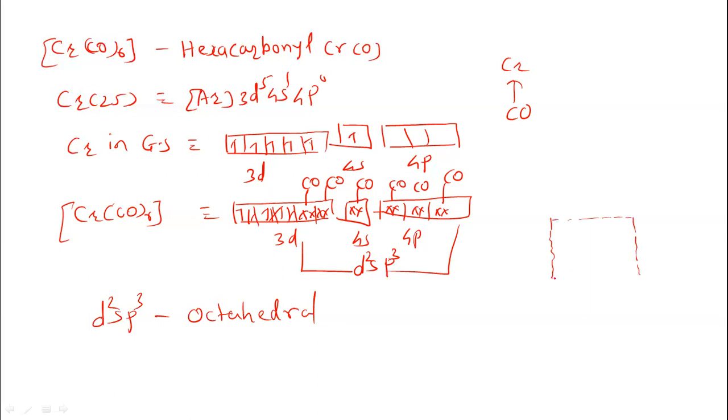This coordination compound has a structure like this: central metal chromium here, 4 carbonyl groups at the corner of the square, and 2 carbonyl groups at the trans position like this. So this is the structure of the complex. It has octahedral geometry. In this case also, there is involvement of d orbitals, d2sp3.